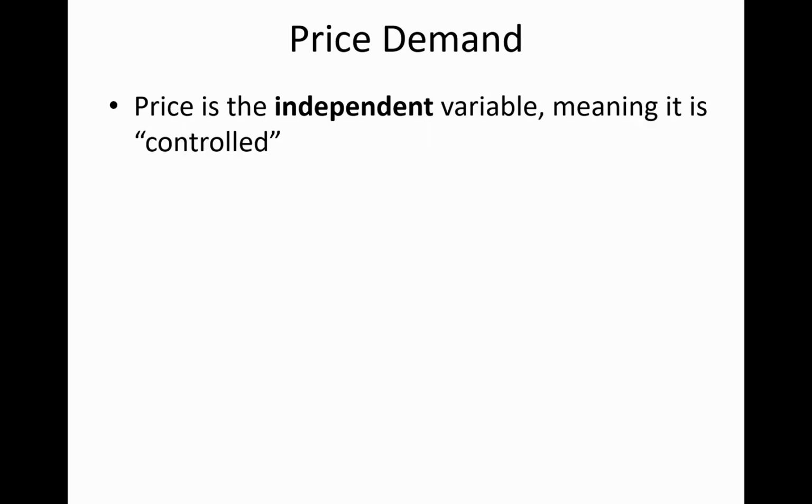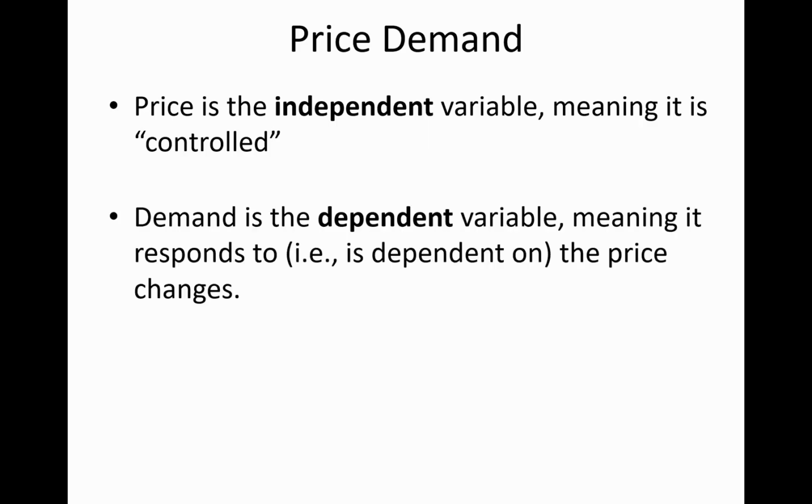And so we consider price to be an independent variable, meaning it comes into the relationship. That's the thing that a retailer or a manufacturer has control over, is what they charge the customer. They set the price, and in response to that independent variable, the dependent variable is the demand that results.